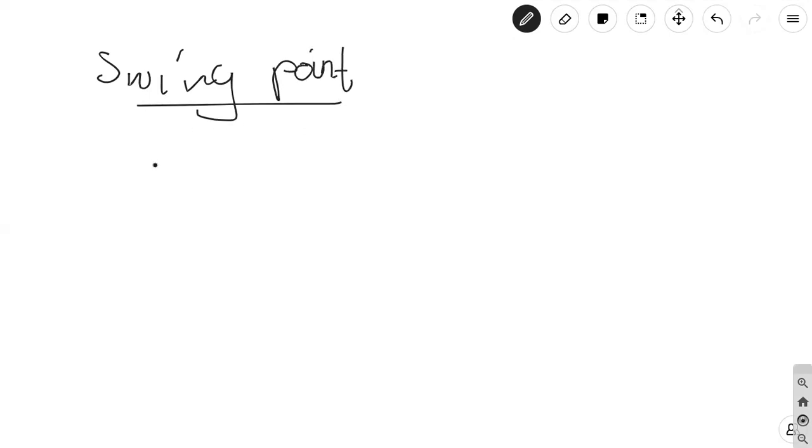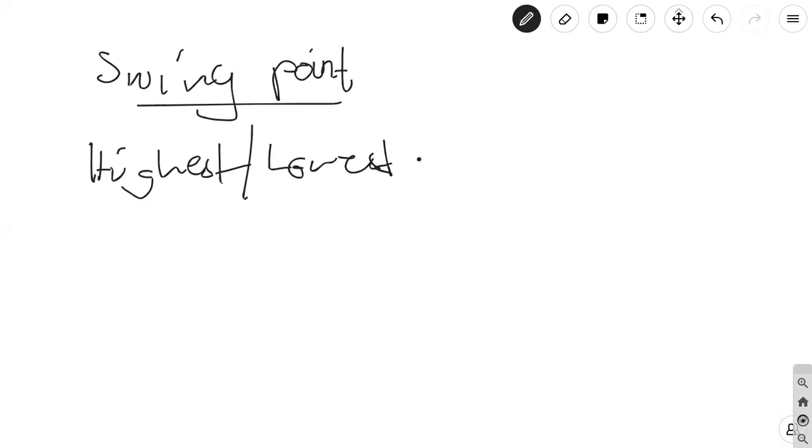Now, a swing point is simply the highest or the lowest point of the structure.